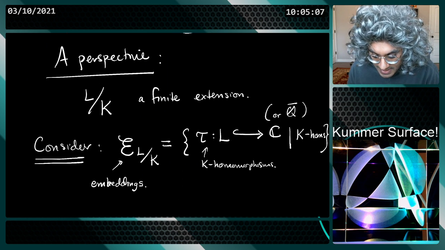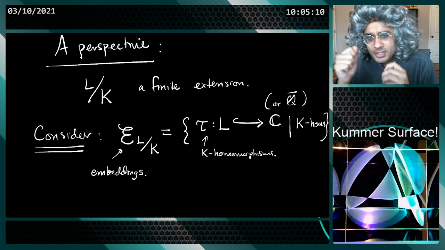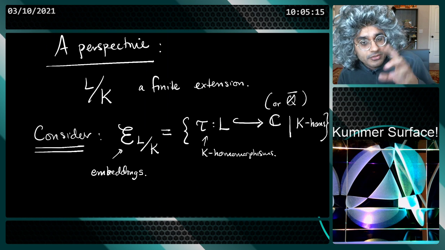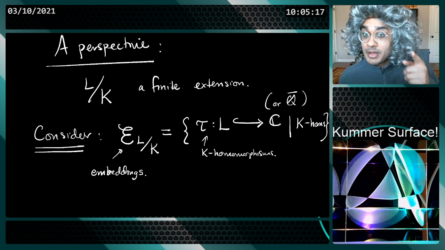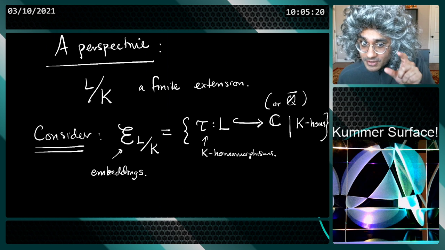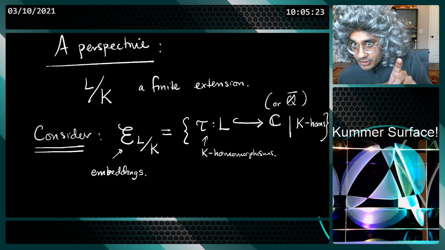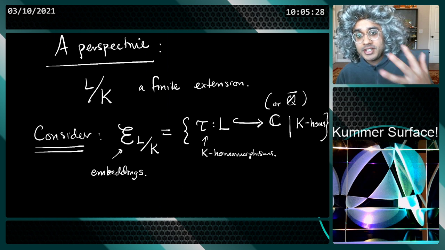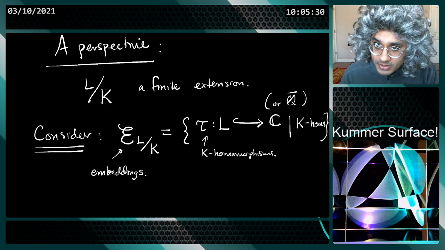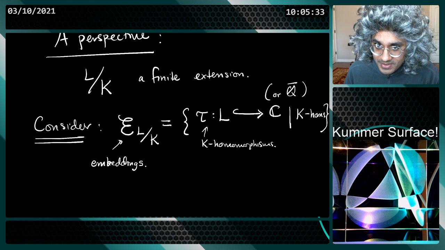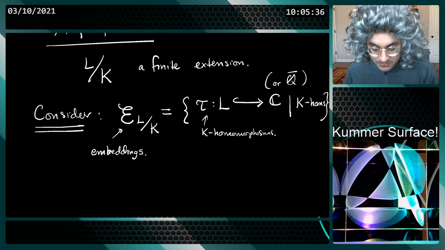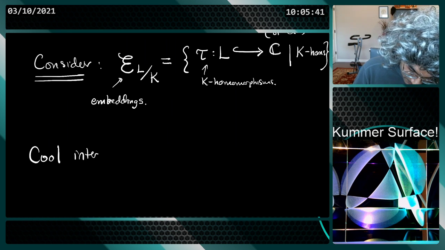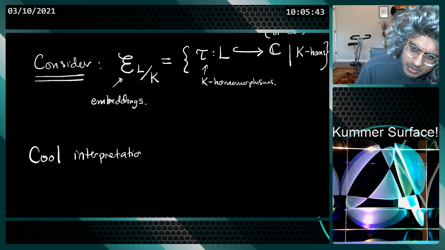And lots of these definitions and constructions and ideas in field theory can be thought of in terms of basic facts about these sets, the sets of embeddings of a given large field into the complex numbers, the set of manifestations of this extension inside of the ambient world that we're looking at. Okay, so here's what normality means now. Cool interpretation. It's like a grown-up interpretation.